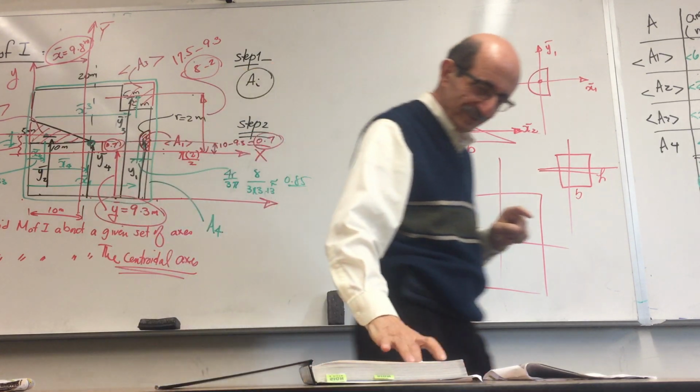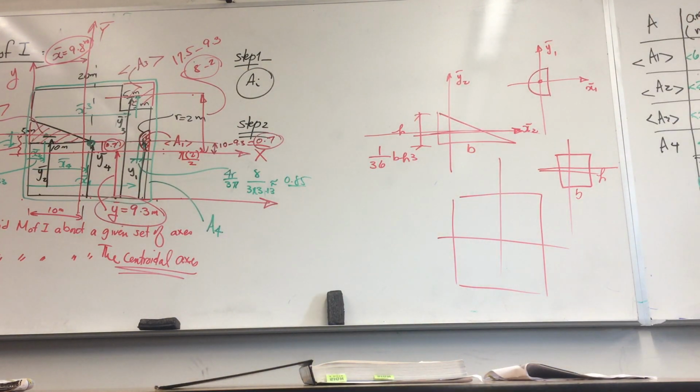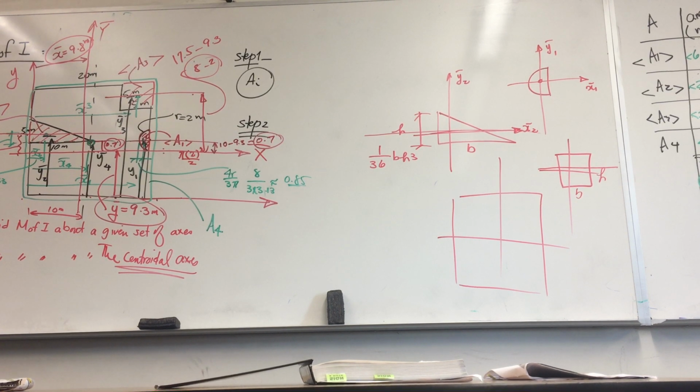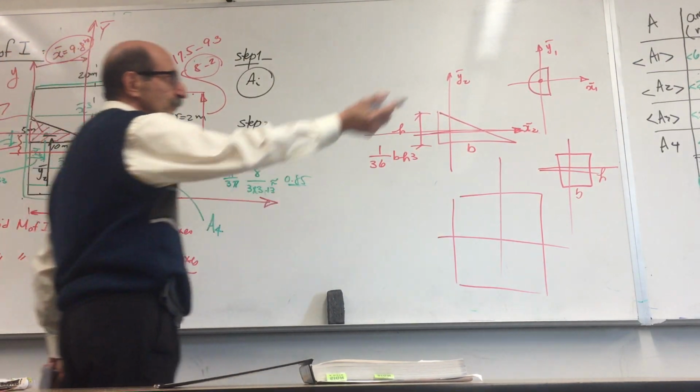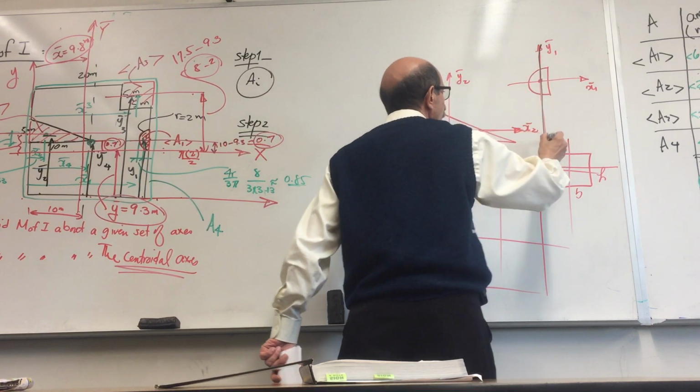We still have to find the moment of inertia about the y centroidal axis. So you have to repeat this for I about the centroidal axis y of each shape. So you need to tabulate all of these. And that means you need to find the moment of inertia of this shape about this axis now.